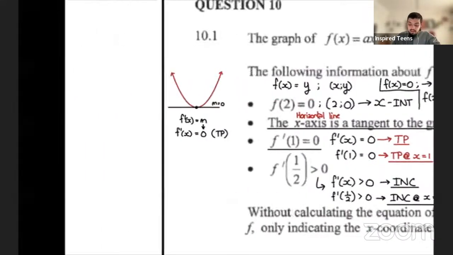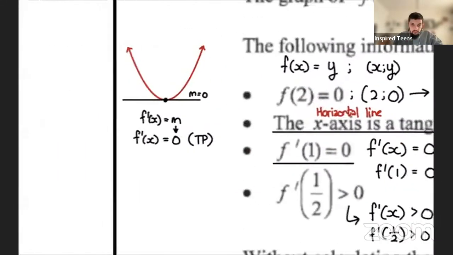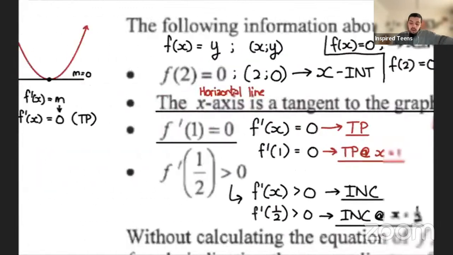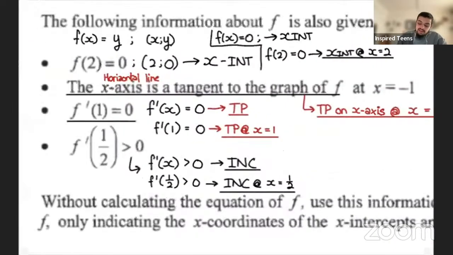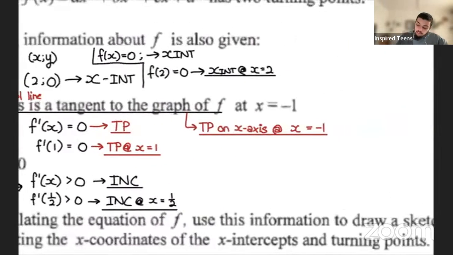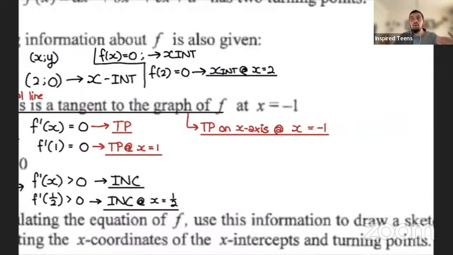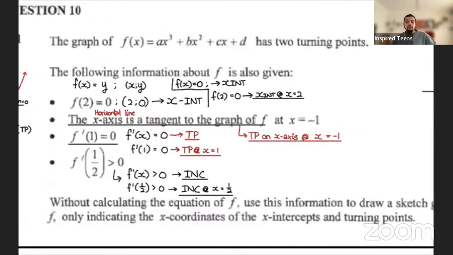We need to understand that the tangent of a turning point is always a horizontal line. Therefore, if they're saying that the x-axis is a tangent to the graph of f, that means that the turning point is on the x-axis, because a horizontal line is a tangent to the graph and the x-axis is a horizontal line.